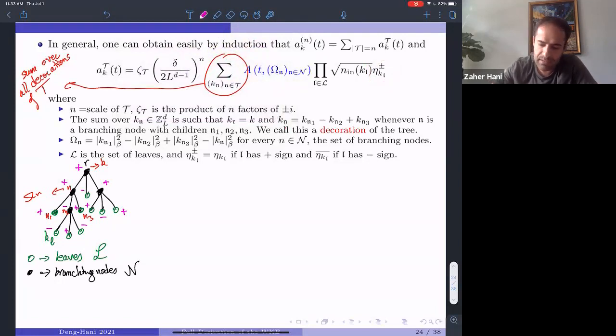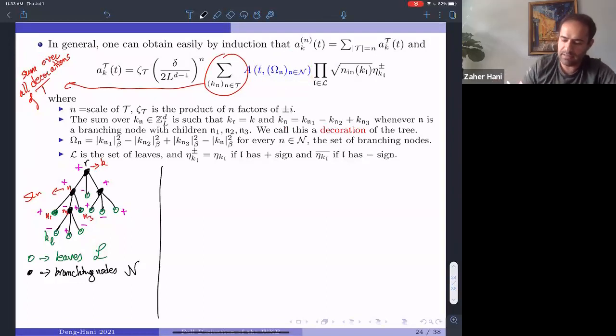So what remains is to write what this time dependence looks like. It's not too hard to write. It's given as follows.